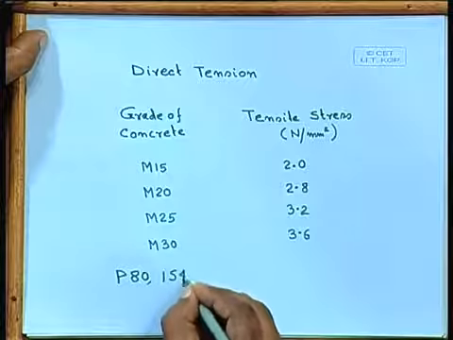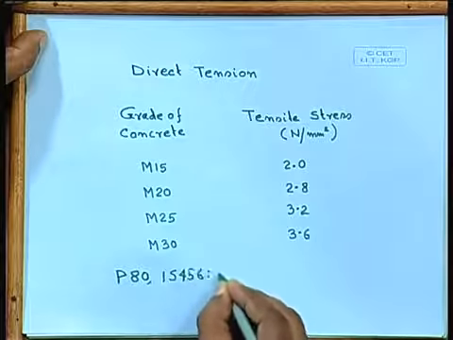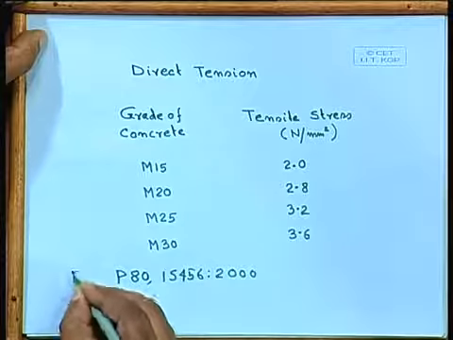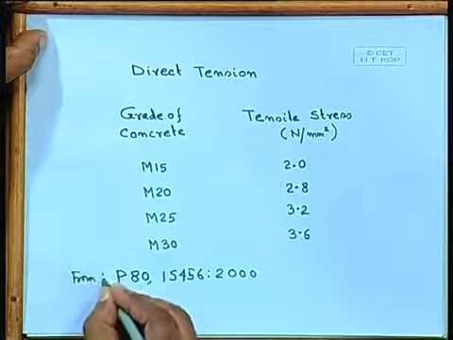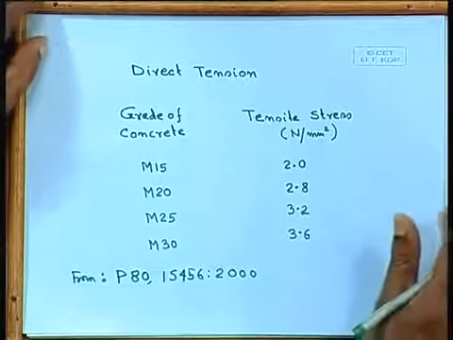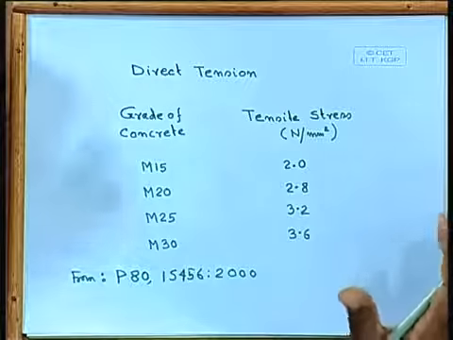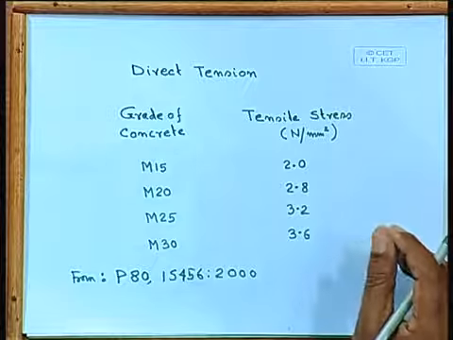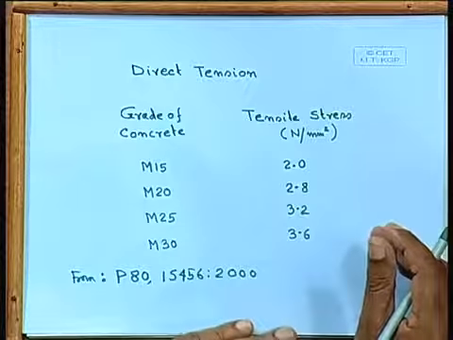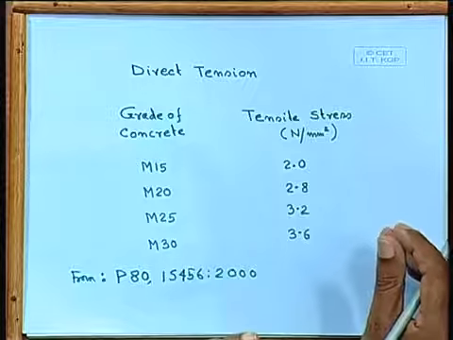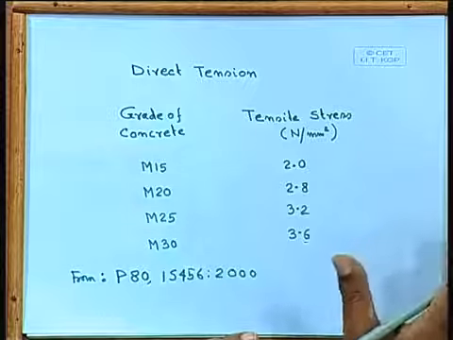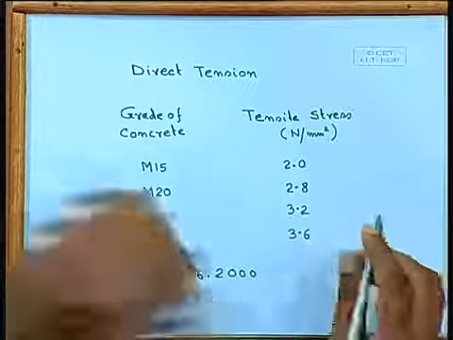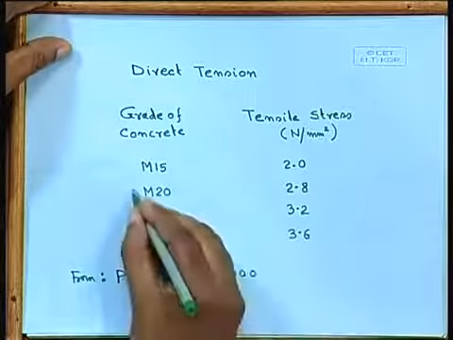IS 456, 2000. So, these are the limiting values for concrete when it is under direct tension, and we shall mainly consider these two.